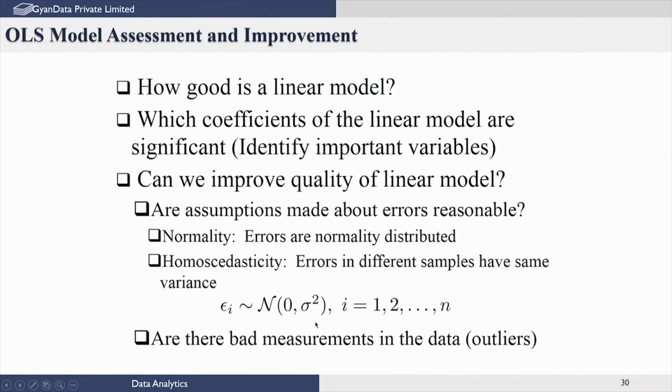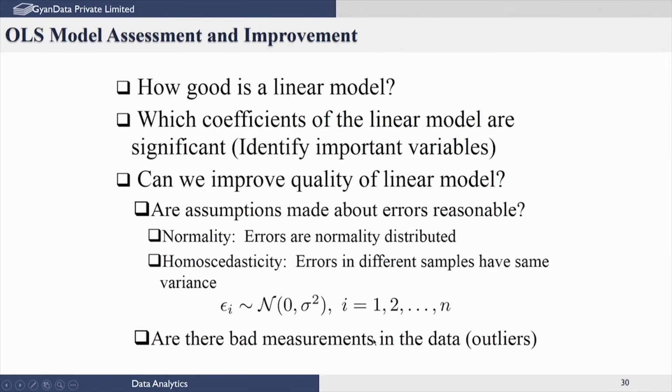Now, we also assume that all the measurements that we have made are reasonably good and there are no bad data points or what we call outliers in the data. We saw that even when we are estimating a sample mean, one bad data point can result in a very bad estimate of the mean. So, similarly in the method of least squares, if we have one bad data point, it can result in a very poor estimate of the coefficients.